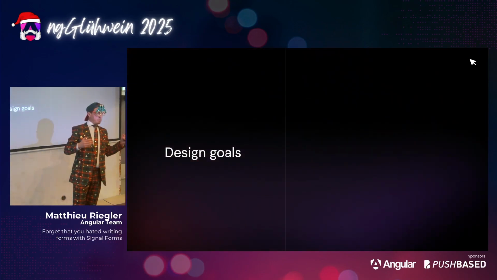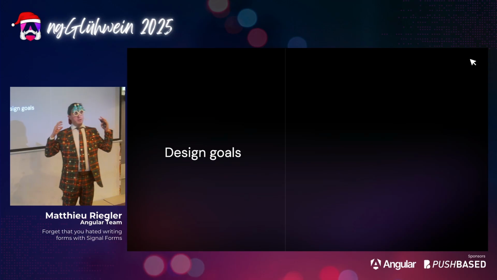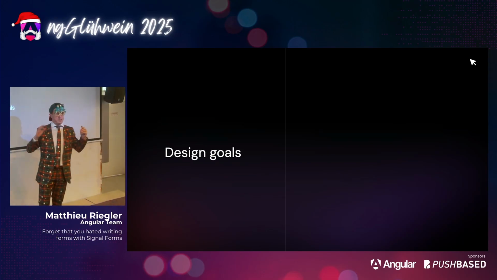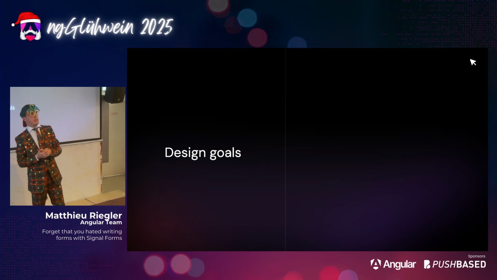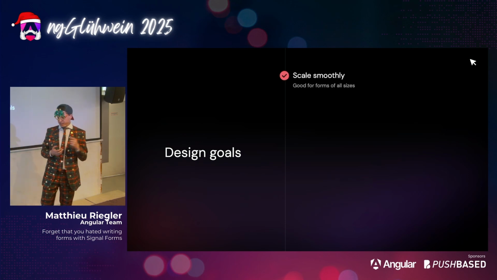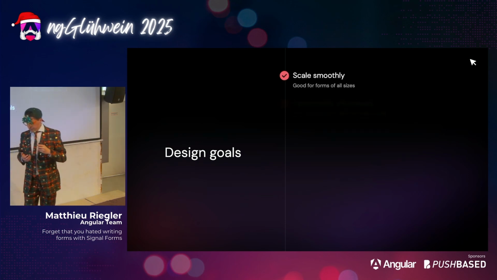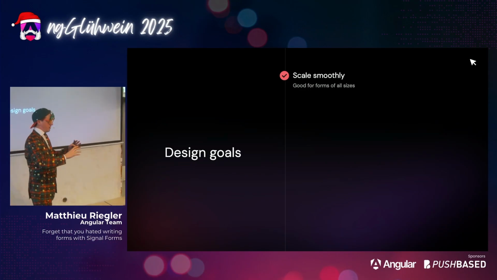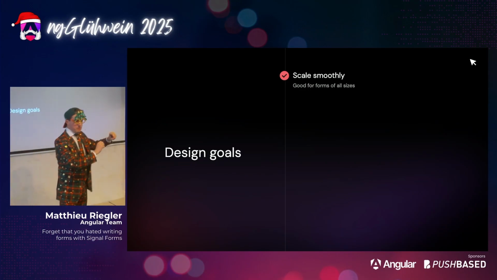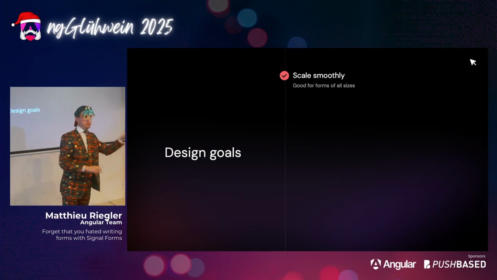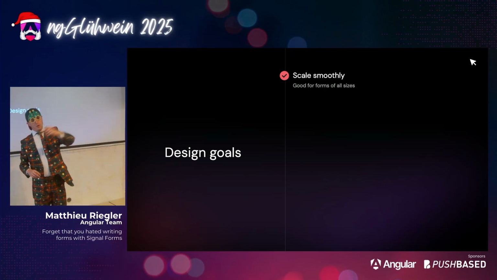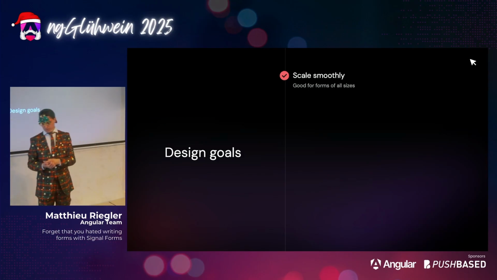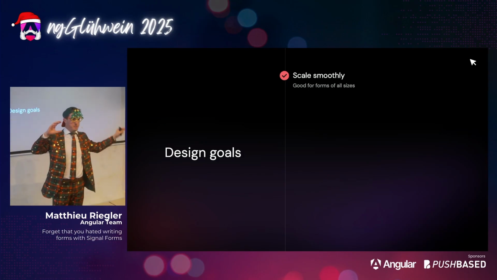So when we went with the idea of building a new forms API, we set ourselves a lot of design goals. First, we wanted something that scales well, from very simple forms with a few fields, all the way to multi-step, multi-page forms. We wanted Signal Forms to fit everything.